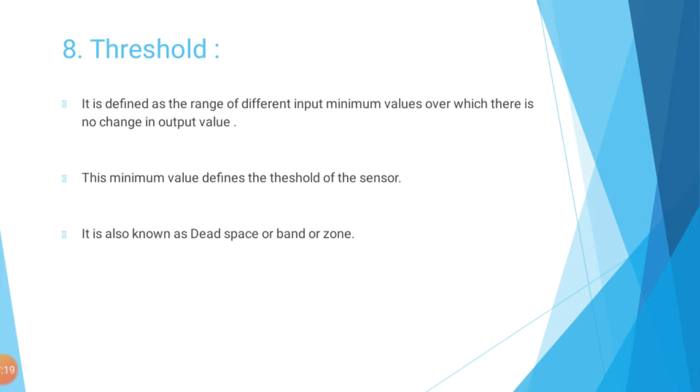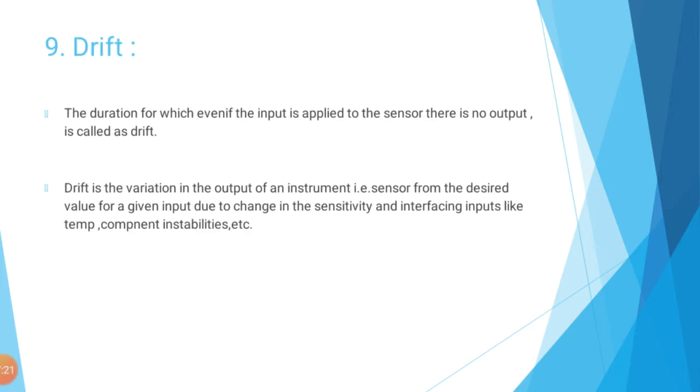Now the next characteristic is the drift. The duration for which, even if the input is applied to the sensor, there is no output is called drift. That means this is the period over which the sensor does not give any output even if we apply the input.